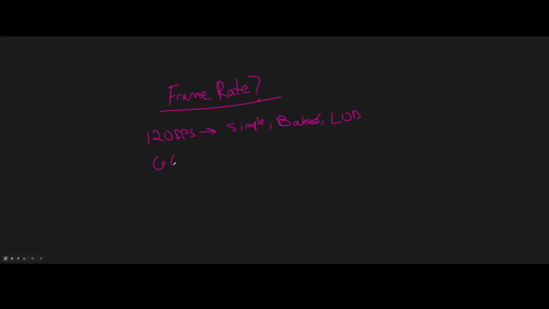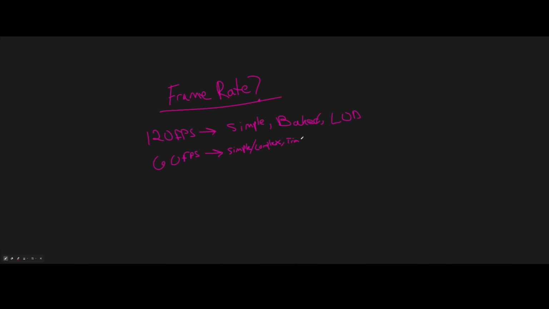If you are doing 60 frames per second, then the geometry is probably going to be a combination of simple and complex. You're probably going to be using trim sheets, for 60 frames.